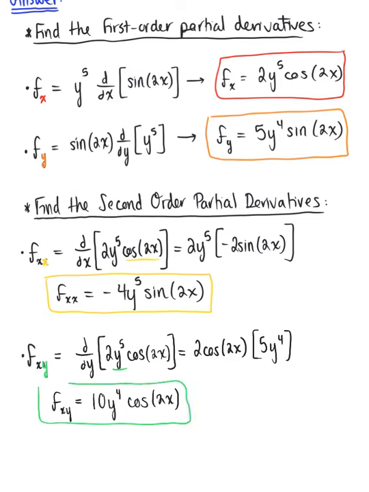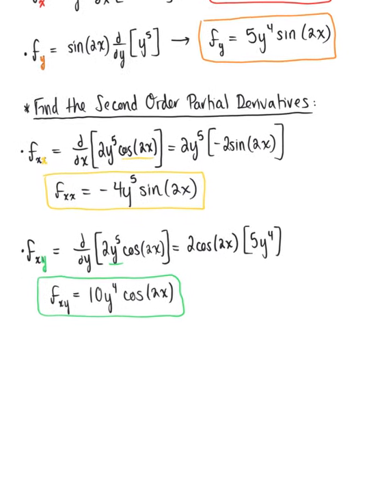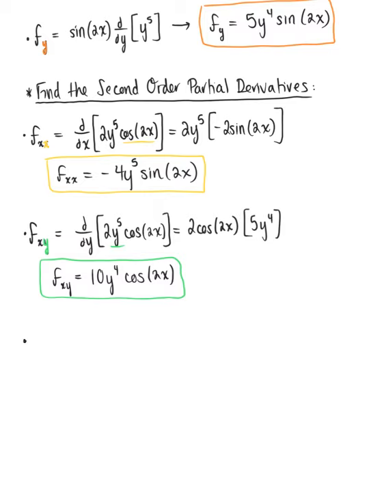So we have exhausted the second order partial derivatives for f sub x, and we now need to move on to the first order partial derivative f sub y. So next, we want to find the second order partial derivative f sub yx. And as always, it is essential to keep in mind what we are differentiating with respect to. So here we're differentiating with respect to x, so we're going to treat y like a constant. So we have d dx of the first order partial derivative f sub y, which is 5y to the 4th multiplied by sine of 2x.